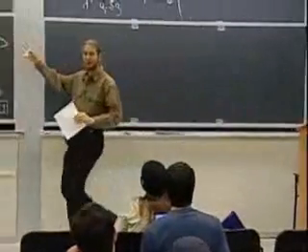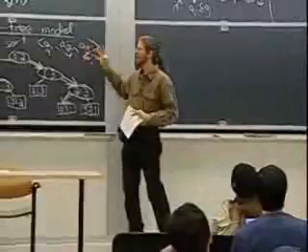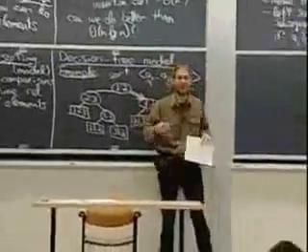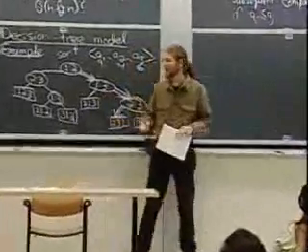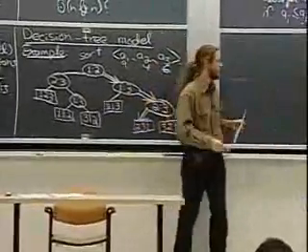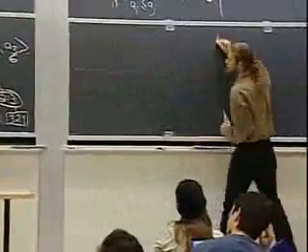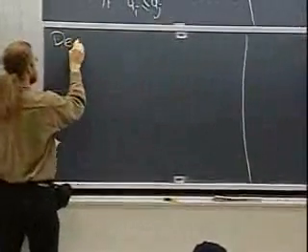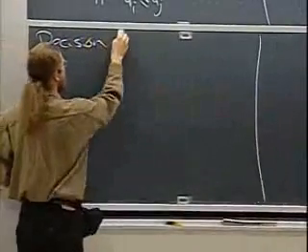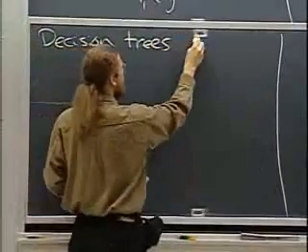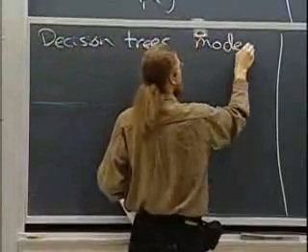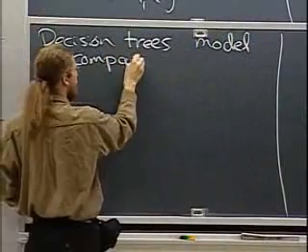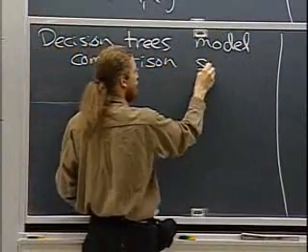This is not a useless model. Obviously, I wouldn't be telling you otherwise. It will be very powerful for proving that we can't do better than n log n. But as writing down an algorithm, if you're going to implement something, this tree is not so useful. Even if you had a decision tree computer, whatever that is. Okay, but let's prove this theorem that decision trees, in some sense, model comparison sorting algorithms, which we call just comparison sorts.